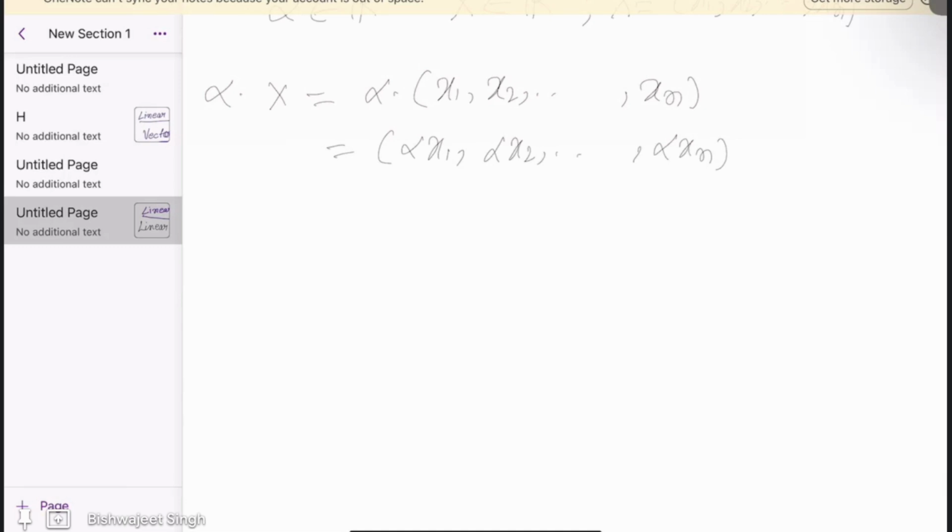So we took the set Rn, we defined an operation plus and an operation dot, and the claim is it is a vector space.